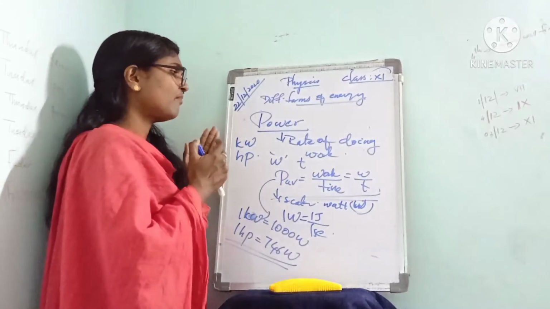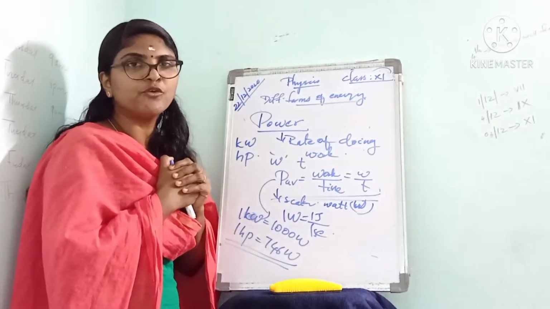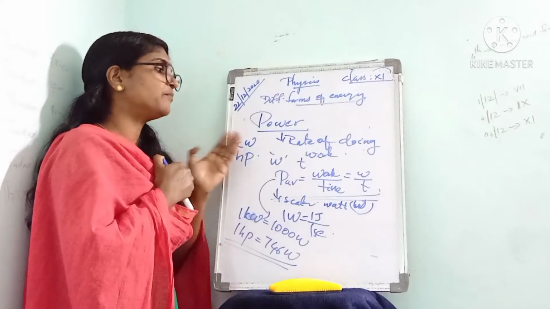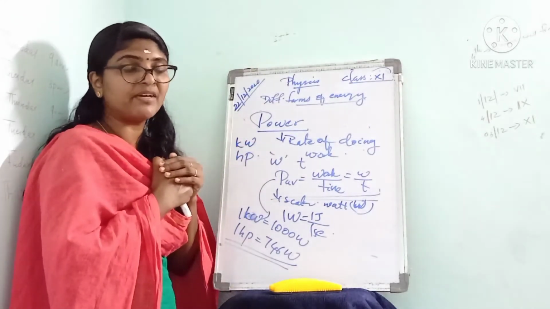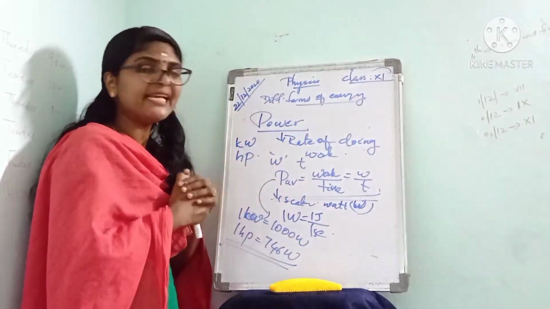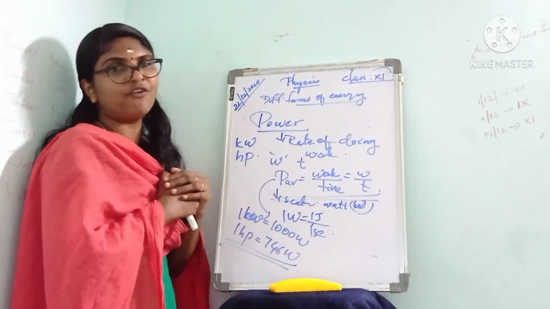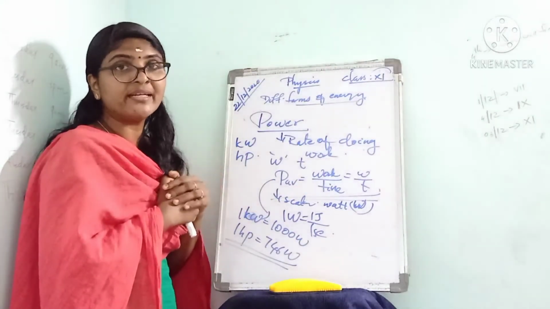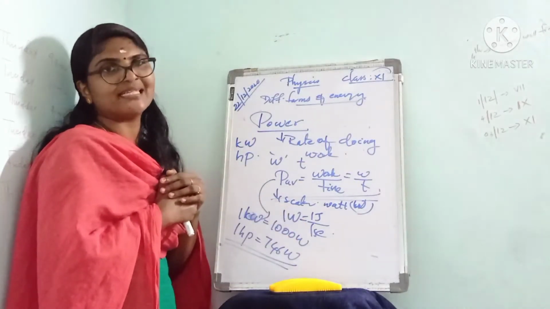What is power? Power is defined as the rate of doing work. Suppose an object does work W during the time T, then its average power P average is equal to W by T. Power is a scalar quantity and its SI unit is watt. What is 1 watt? 1 watt is equal to 1 joule by 1 second.